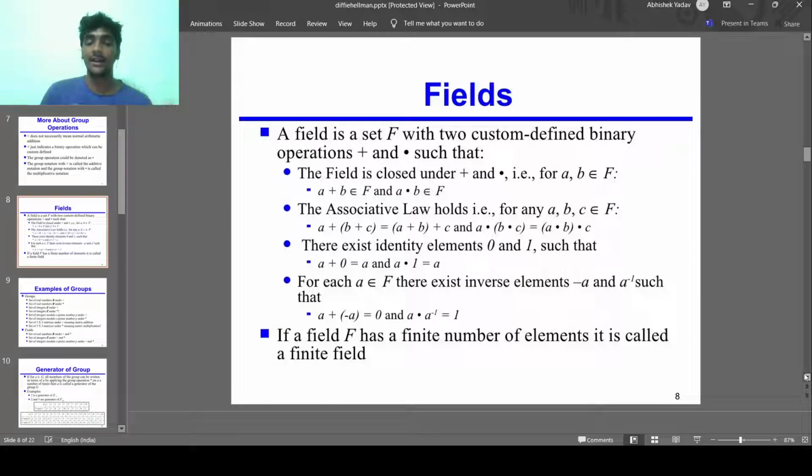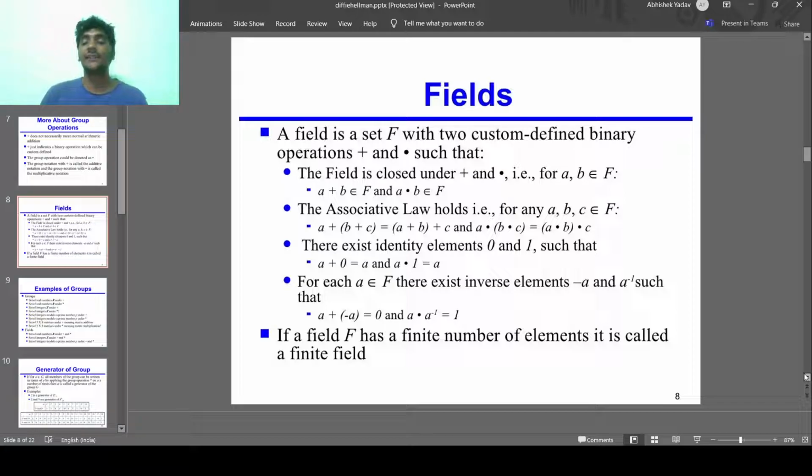So A plus 0 is equal to A, and A dot 1 is equal to A. A field is basically a set that is true for both of the groups. For each A which belongs to F, there also exists an inverse element denoted by minus A, or the reciprocal of A, such that A plus minus A is 0, and A dot reciprocal of A is equal to 1.